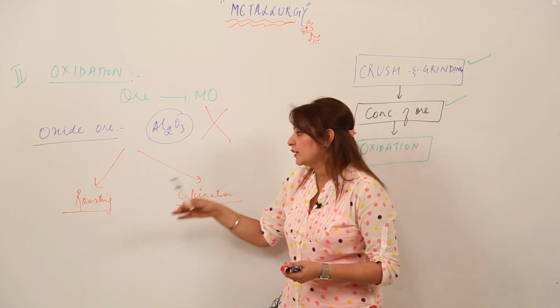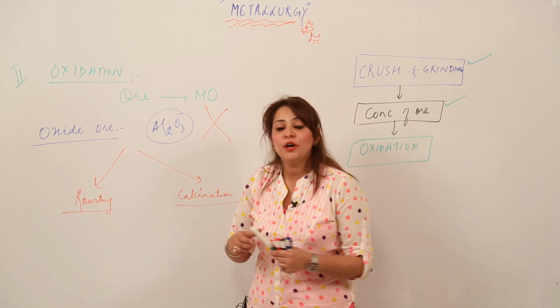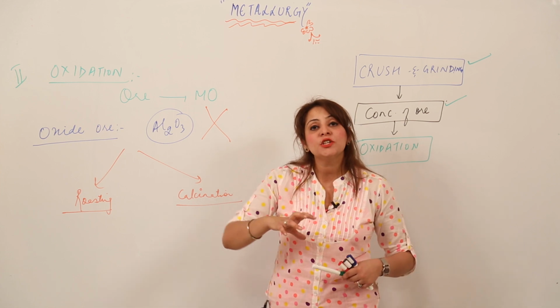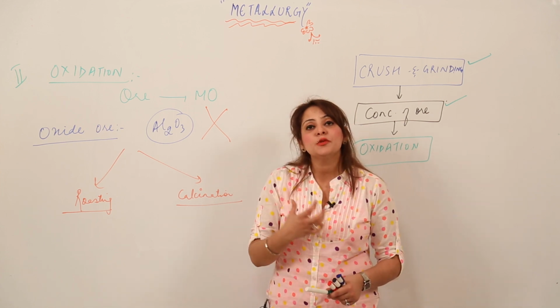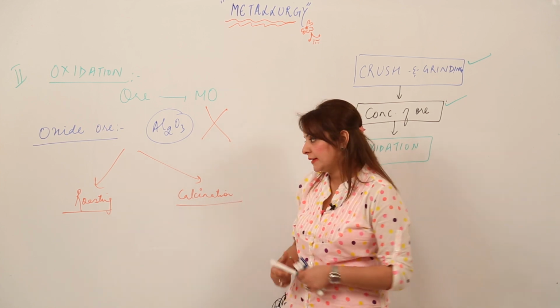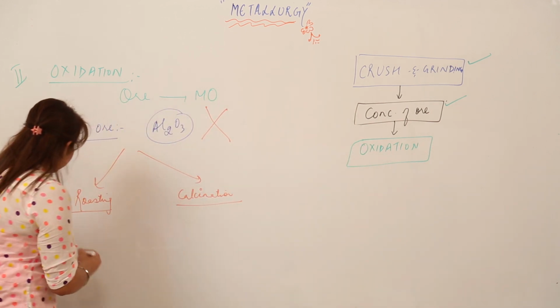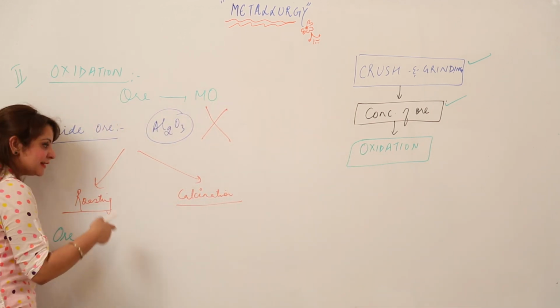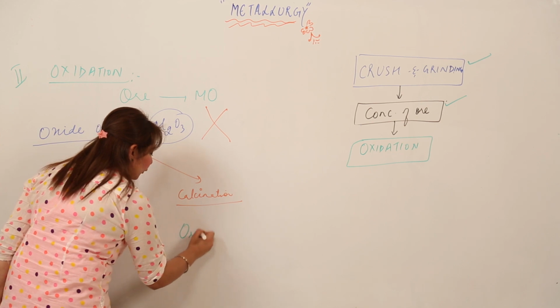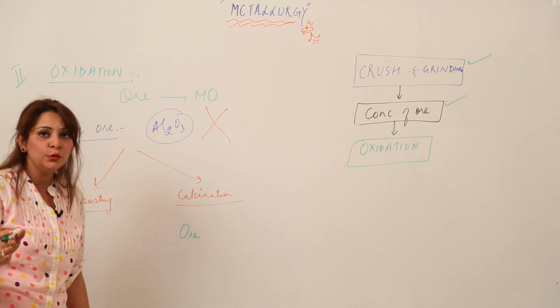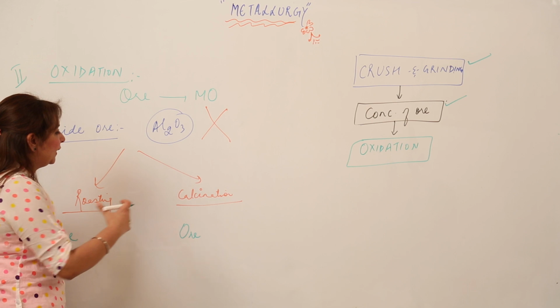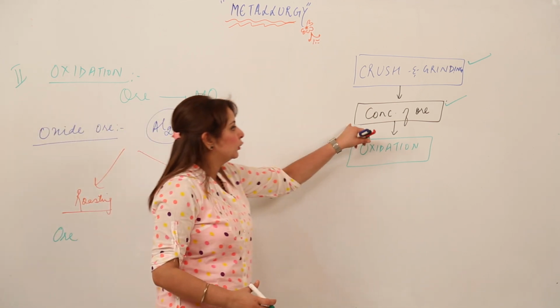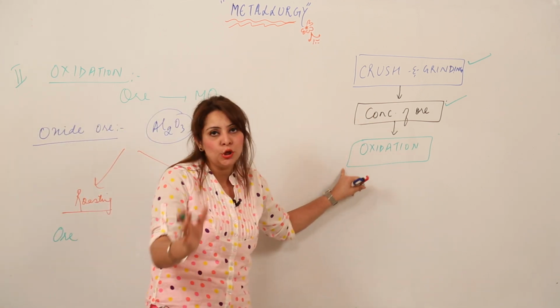So what are roasting and calcination, or what are the similarities, the general procedures followed in roasting and calcination? In roasting we take ore. Similarly, in calcination we take ore, and that ore should be concentrated. You know that we have to make it go through the first step, and only then can we do the oxidation, right?